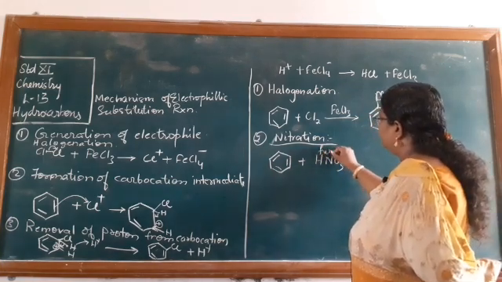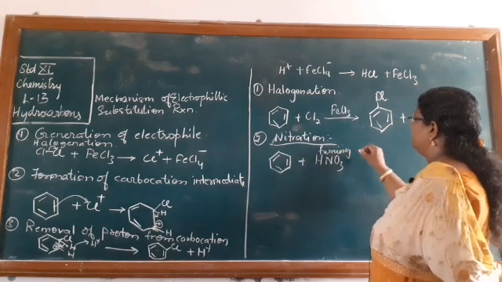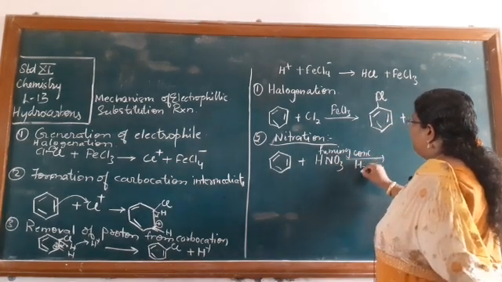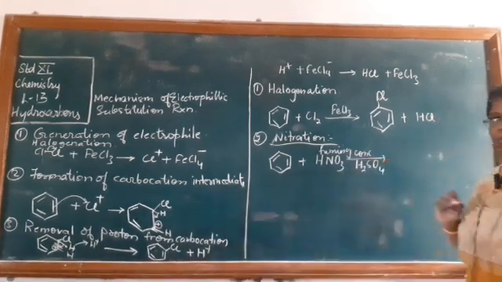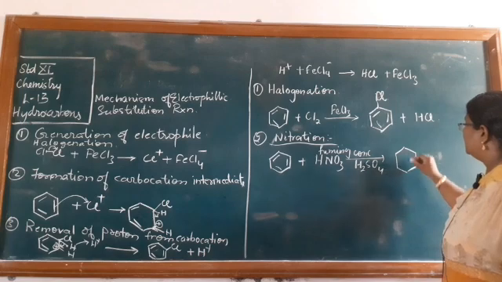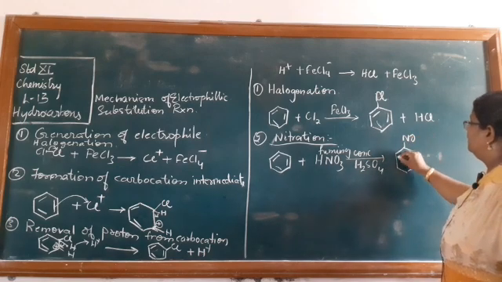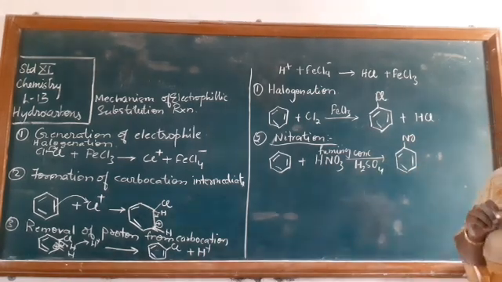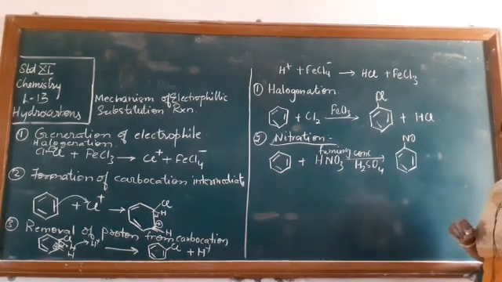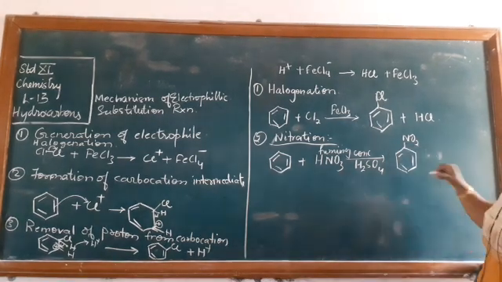HNO3, fuming, highly concentrated HNO3 in presence of concentrated H2SO4. There you obtain the corresponding nitrobenzene. So this is how you obtain your nitrobenzene.